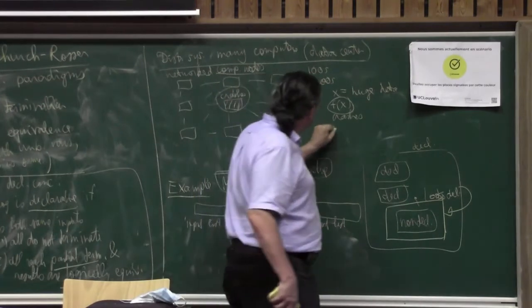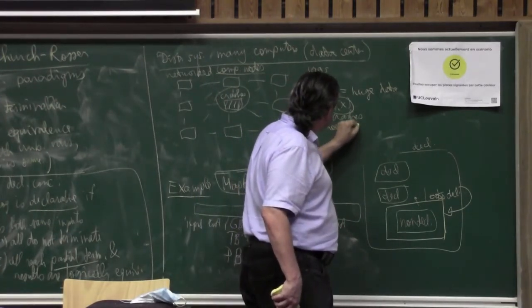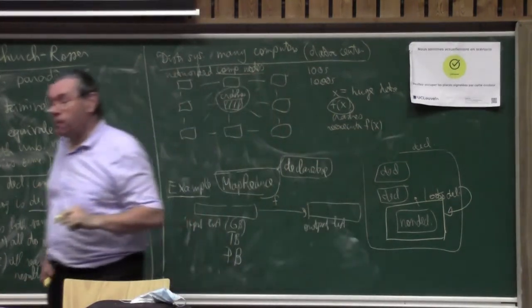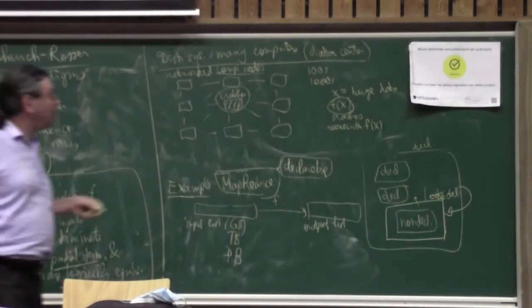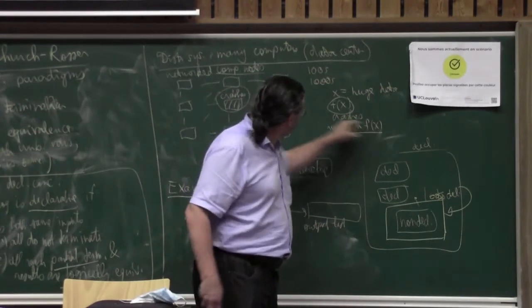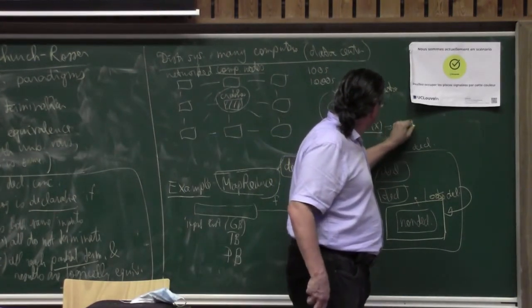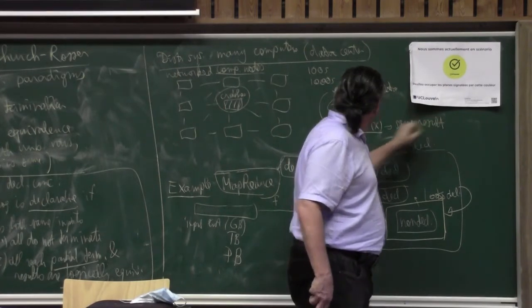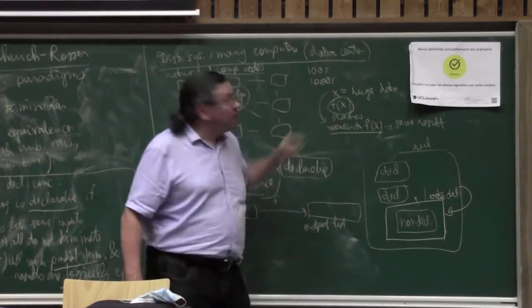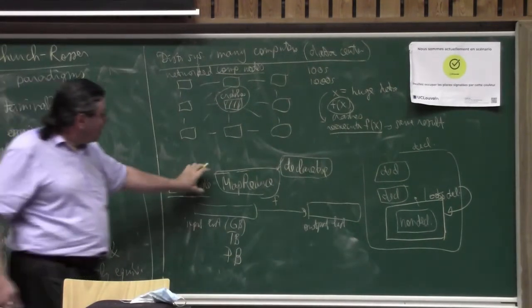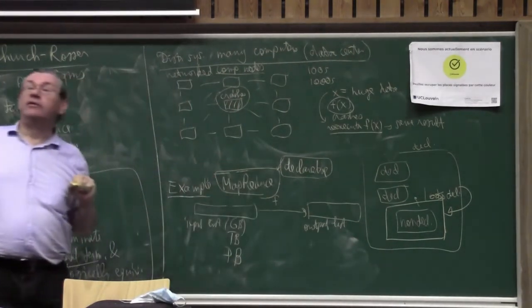We just re-execute f of x. And we know the result will be the same. You can tell, well, that's pretty obvious. That's only true because it's declarative, huh? And this will give the same result. Why? Because the input is the same and the function is the same, because it's declarative. So this is a pure declarative computation.